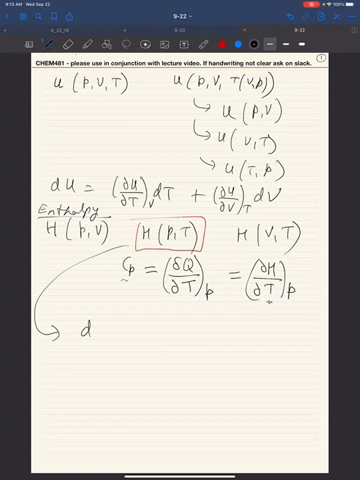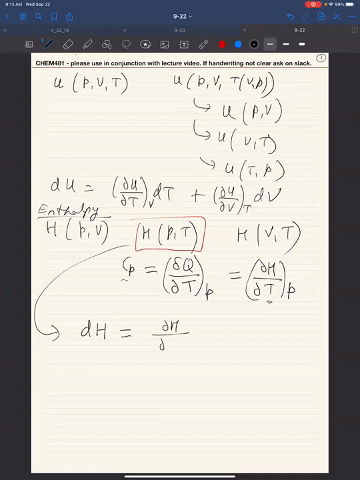So if we have H of P, T, what can we say about dH? Any ideas? How do we write down dH? You can speak louder. Partial H with respect to what?